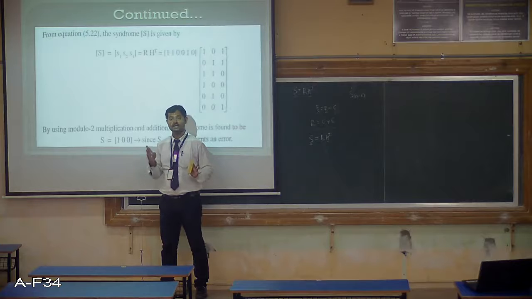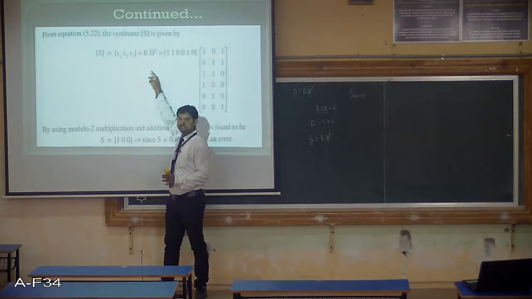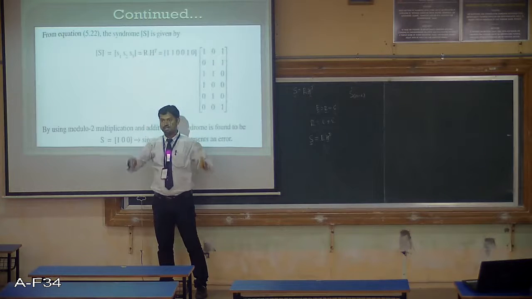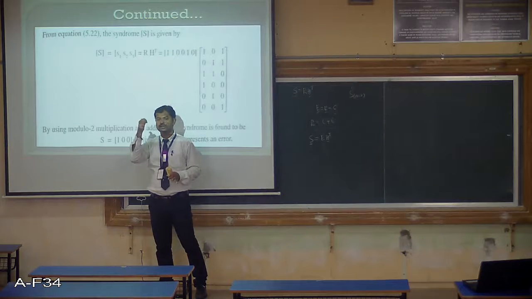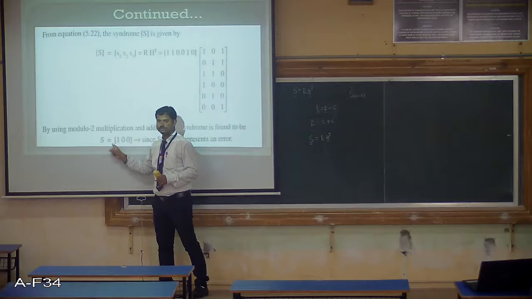It's not valid, it's invalid. What is the received sequence? This. You can check this code word. It is not present in yesterday's code word list. Deliberately I flipped some bits, so it is not a valid sequence. That is what will be detected by this syndrome.